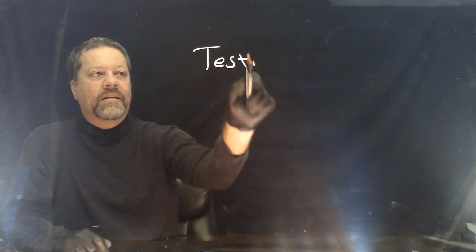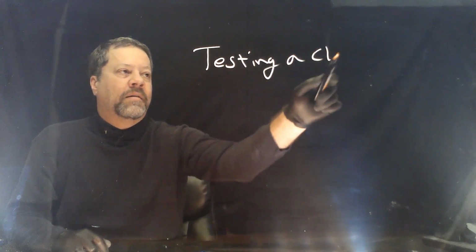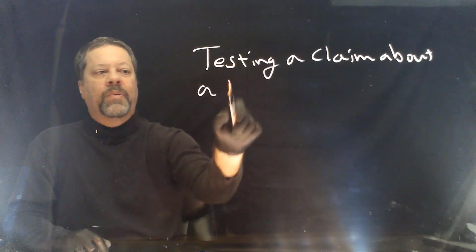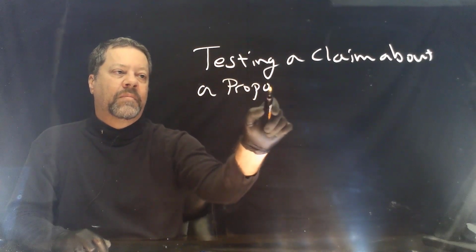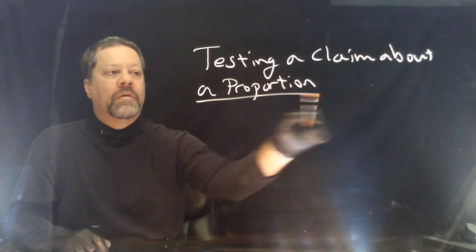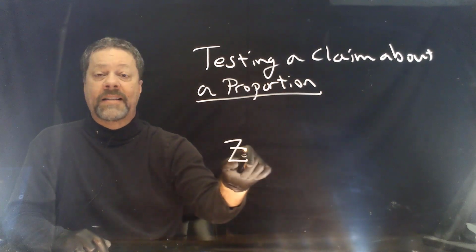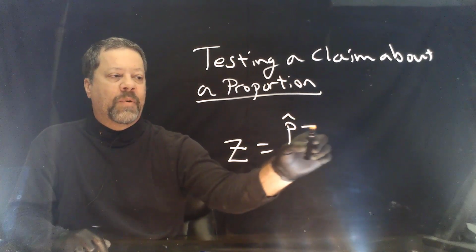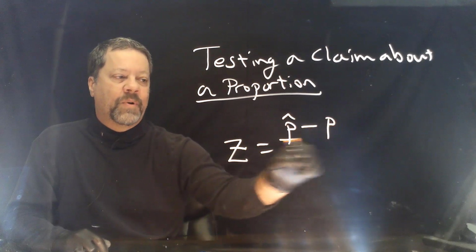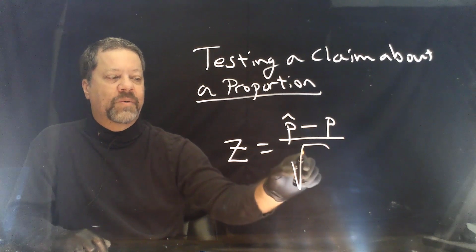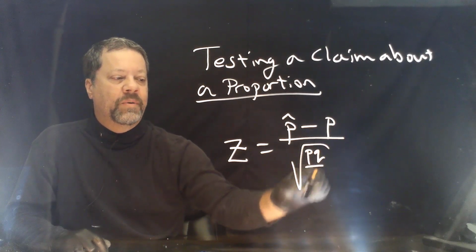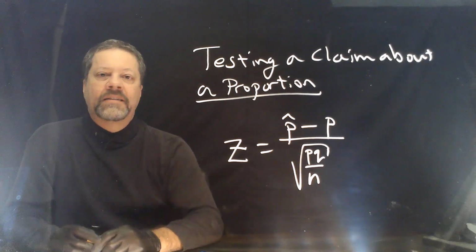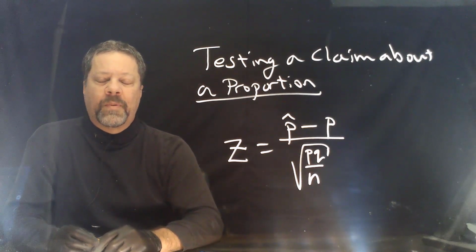In testing a claim about a proportion, the test statistic will be a z-statistic calculated by the sample proportion minus the null hypothesis proportion divided by the square root of PQ divided by N. You'll recall this is the standard error in the case of sample proportions.